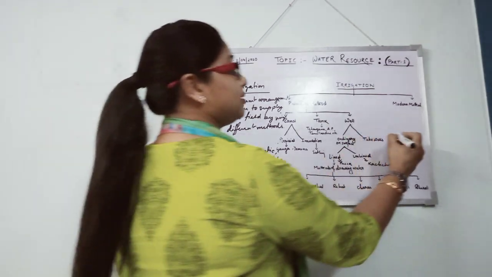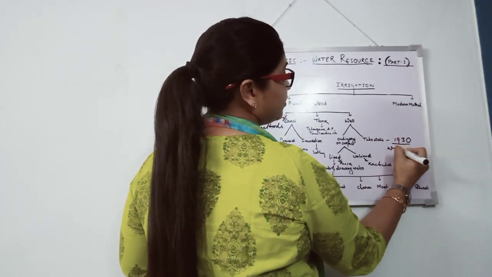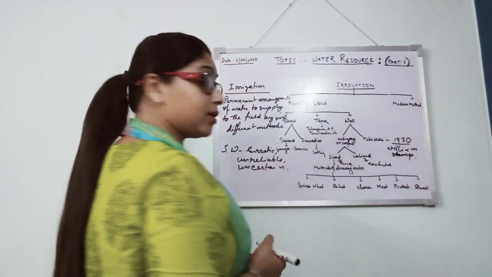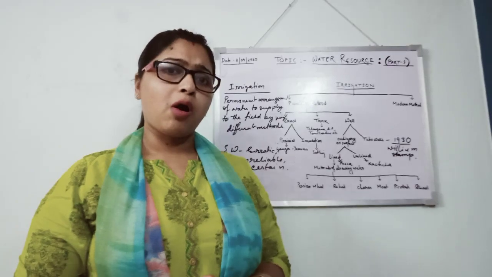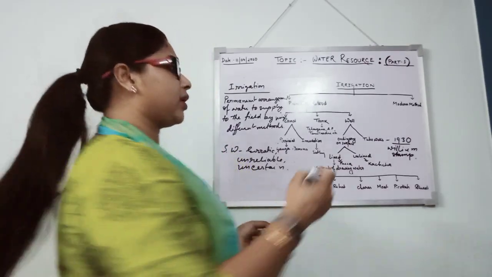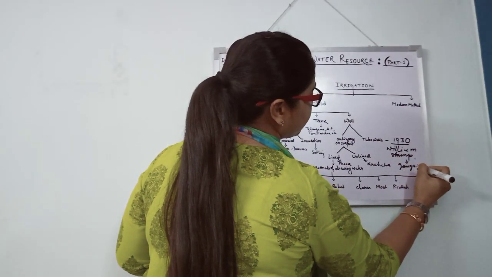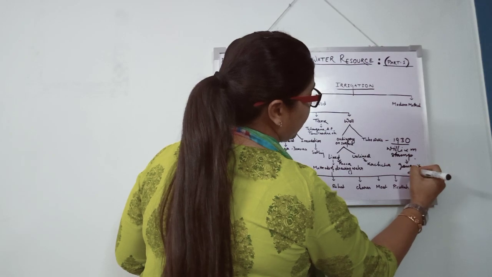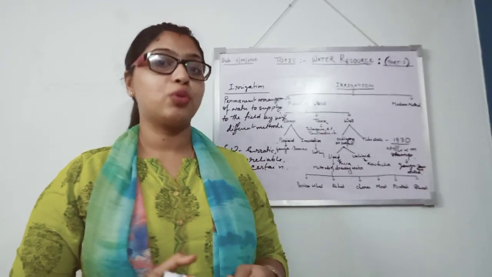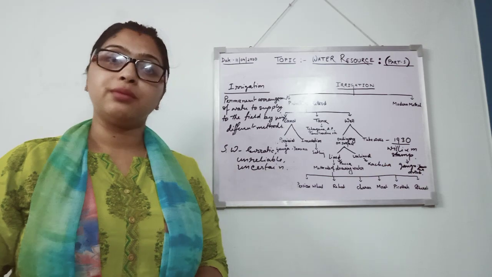In 1930, William Stam first drilled a bore well or tube well in the Ganga-Yamuna Doab. I hope you all know the meaning of Doab. Doab means the confluence of two rivers, Ganga and Yamuna.